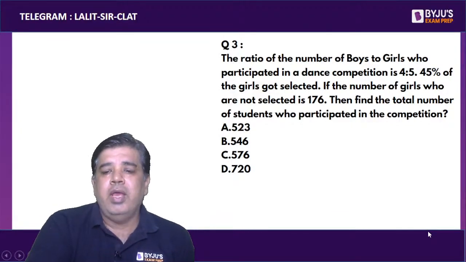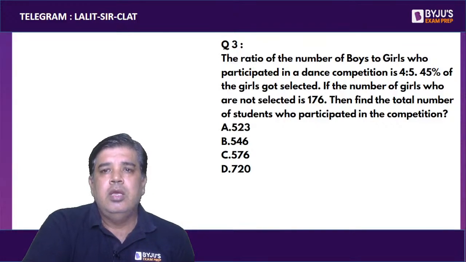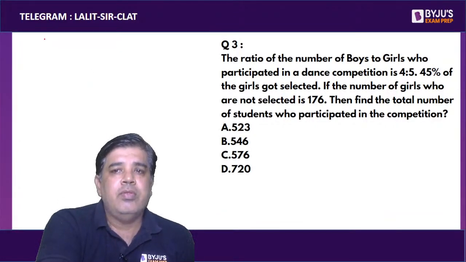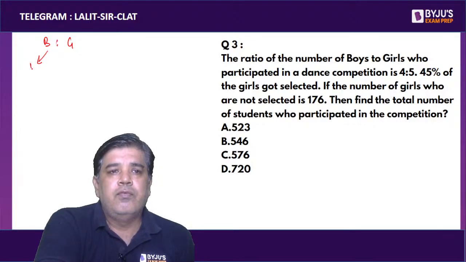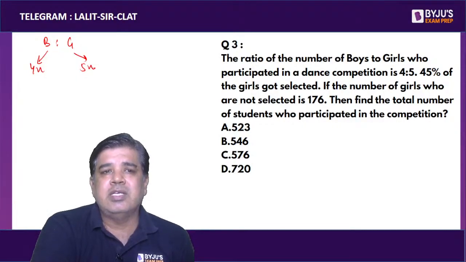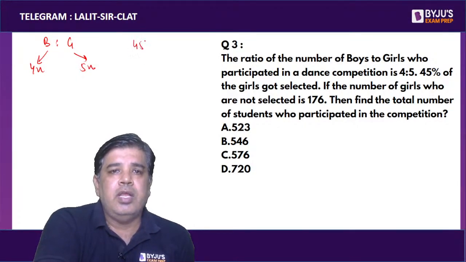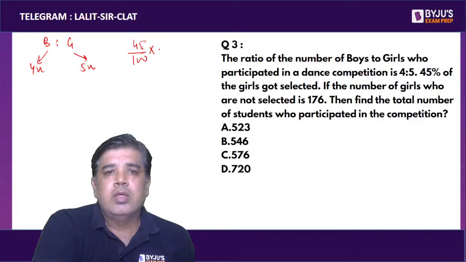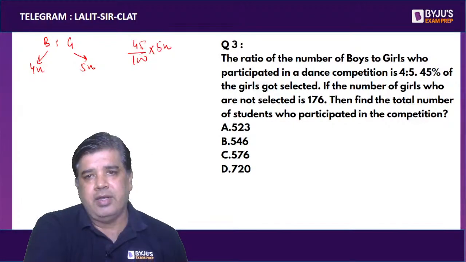The ratio of boys and girls who participated in a dance competition is 4:5. It means boys to girls, boys are 4x and girls are 5x. 45% of the girls are selected, means 45% of this 5x are selected.